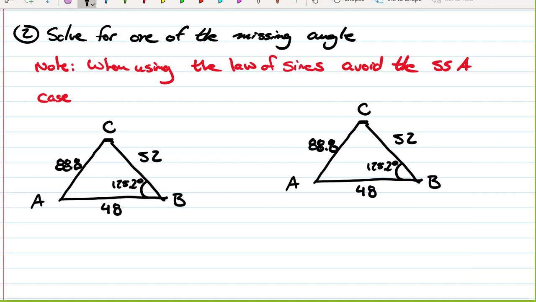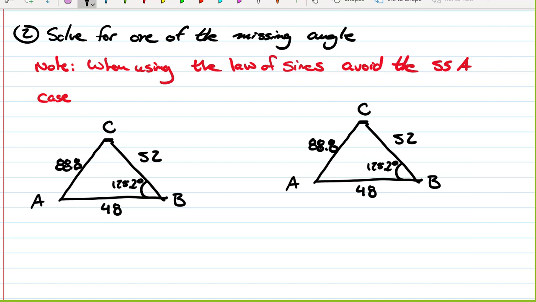But we wouldn't want to use, say, this side, using the side angle to try to find a missing side. So if I went side angle and tried to use 88.8, 52, and B to try to solve for angle A, I might introduce the ambiguous case, which I would want to avoid.